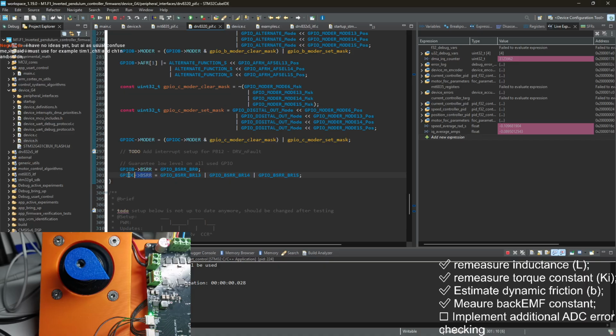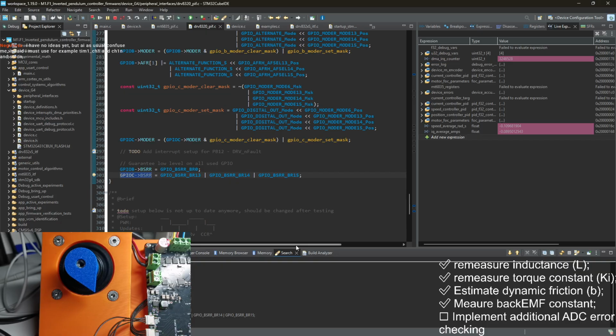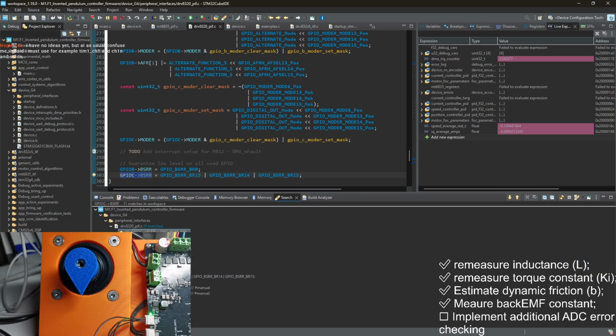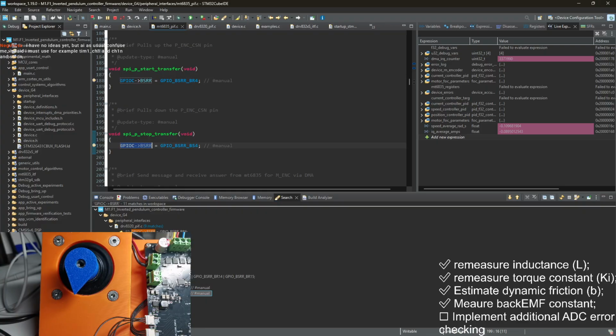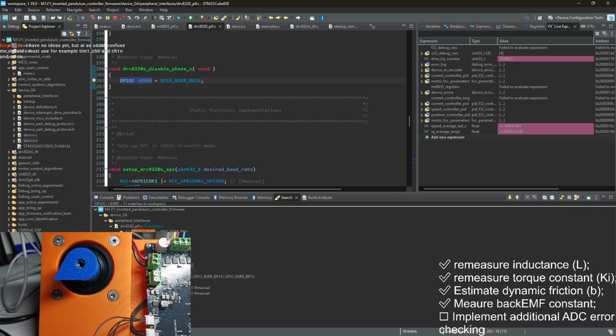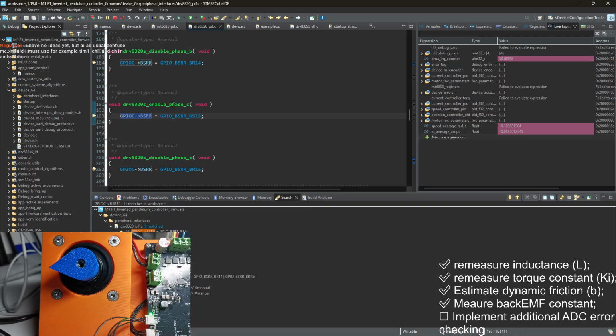I just never use GPIO C anywhere in the code anymore, only in the setup function. And this is related to SPI, not to the driver. So I quite literally just do it here, and for enabling and disabling phases.